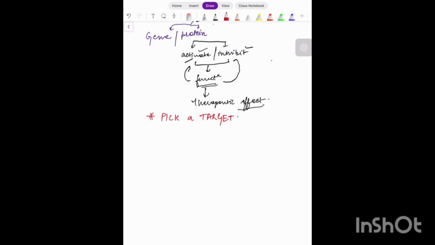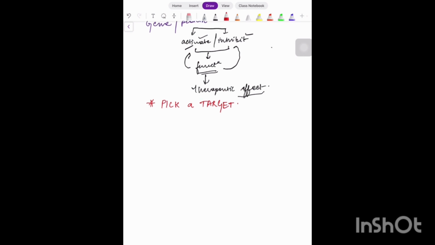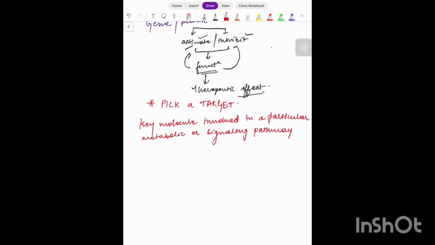So what is this target then? The target is the key molecule involved in a particular metabolic or signaling pathway specific to a disease condition.